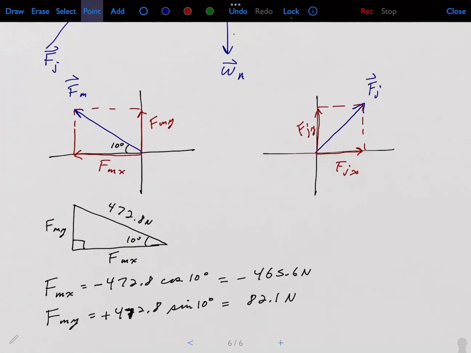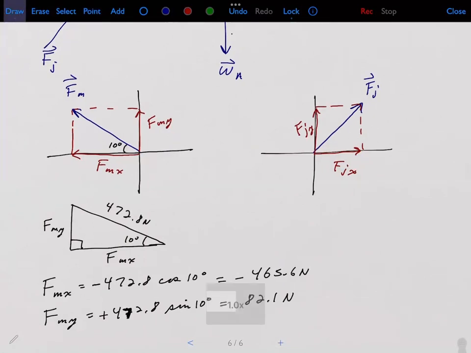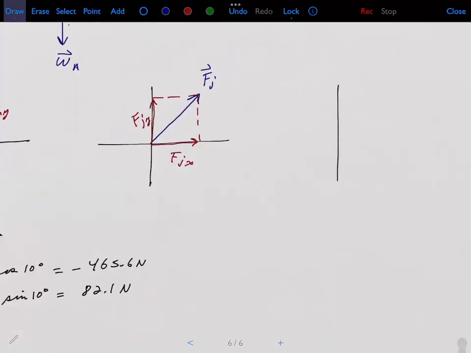And then the weight is really easy. For the weight, it's acting straight down. So this is the weight of the arm. Because it's acting straight down, that vector has no component in the x direction.